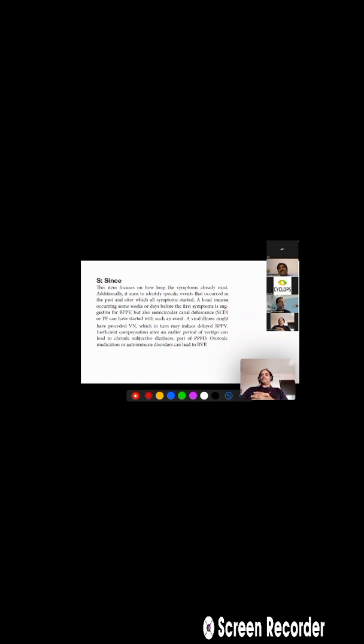Somebody tells, I went to the saloon and they did a neck release. They do a lot of neck manipulation in the saloons. After that, the patient starts feeling dizzy. Then it is a vertebral artery dissection. So what happened and after that will tell us the diagnosis.